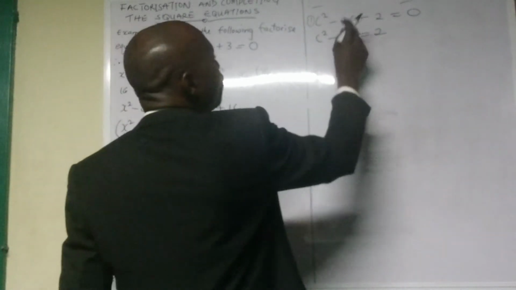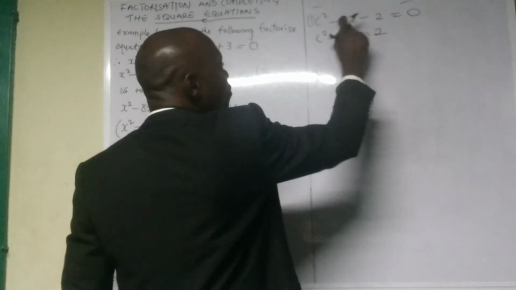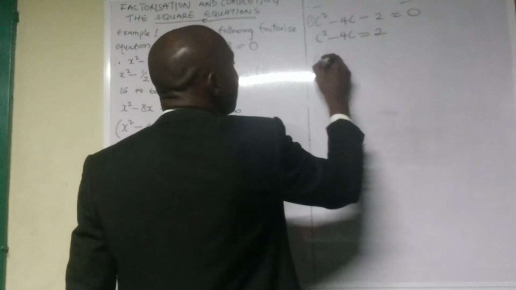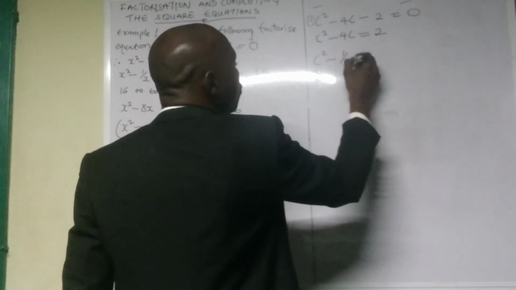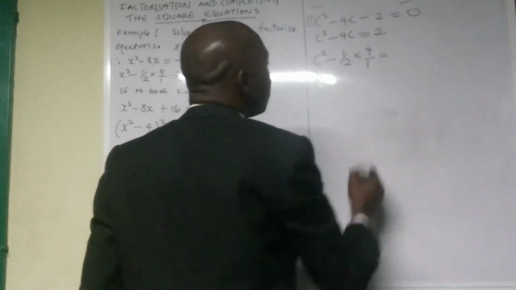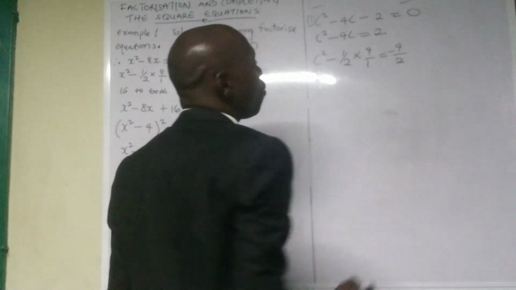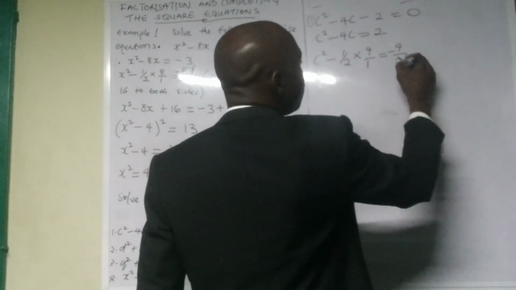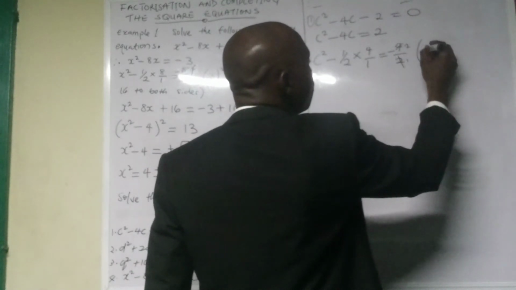So from here, we go back and look for the half of this coefficient. So it will now turn to minus 1 over 2 times 4 over 1 equals minus 4 over 2. Then if you cancel, 2 into 4 gives you 2.